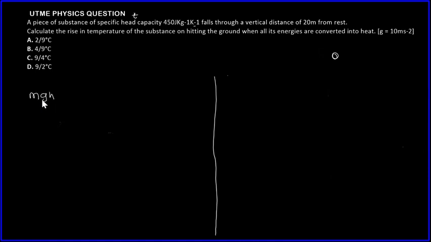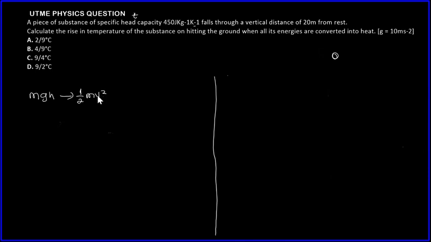That's mgh. And then it now says it falls through a vertical distance. So there's actually an energy chain, where potential energy gets converted to what? Kinetic energy.